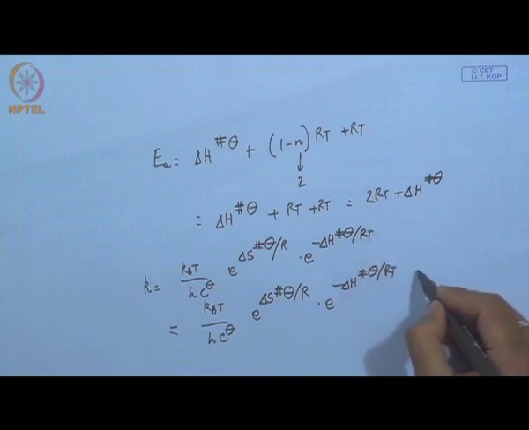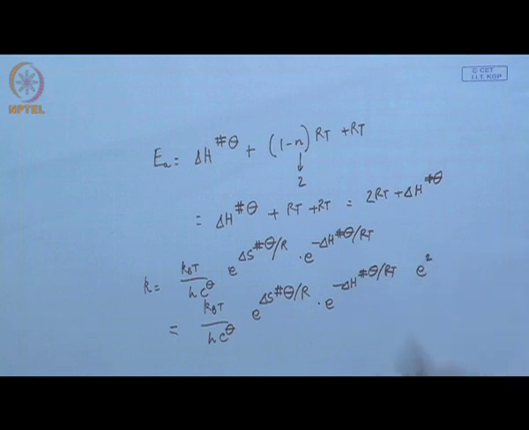Okay. So, that will give you e square. Therefore, your k is equal to k_B T by h divided by c standard, e to the power ΔS term, e to the power ΔH term, times e square. Okay. So, for a bimolecular gas phase reaction, you are getting an expression of this sort.